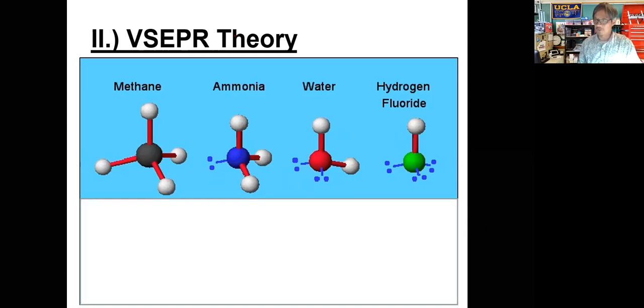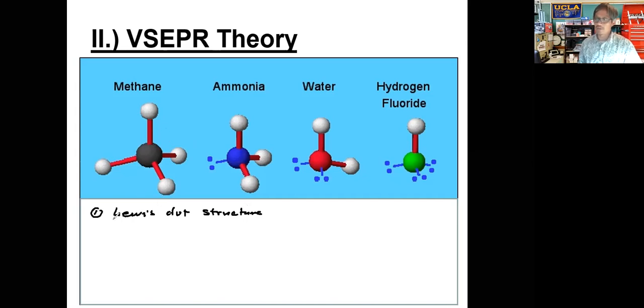Right, first, you need to be able to draw the Lewis dot structure. You need the Lewis dot structure first. Now here I give you not only the Lewis dot structure, but the 3-dimensional structure as well.